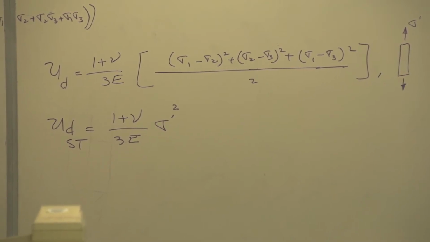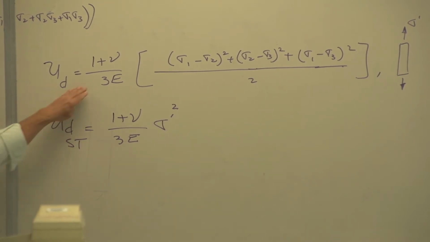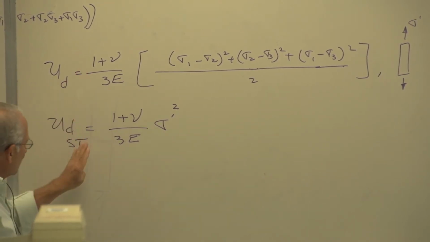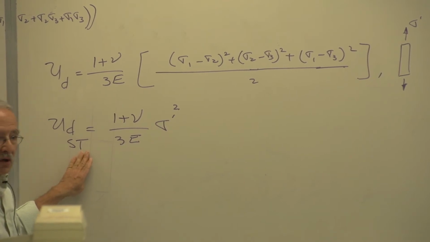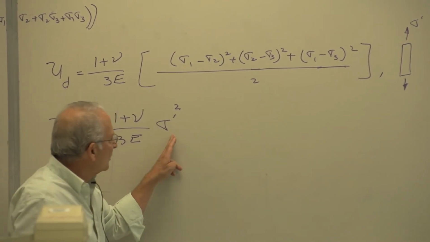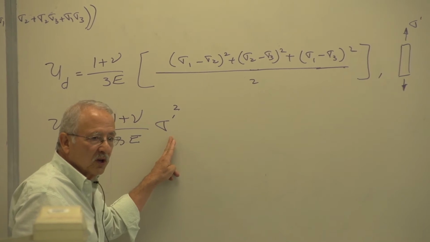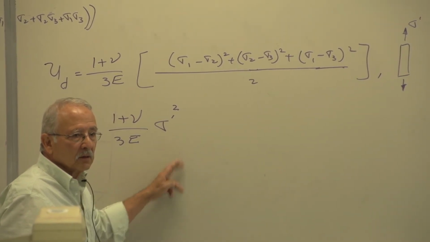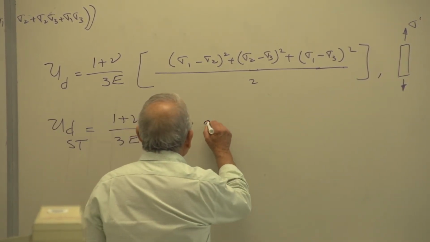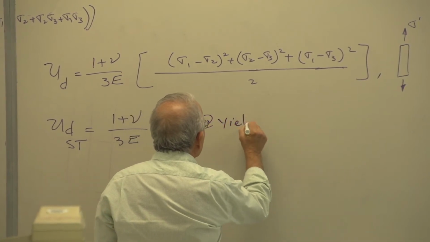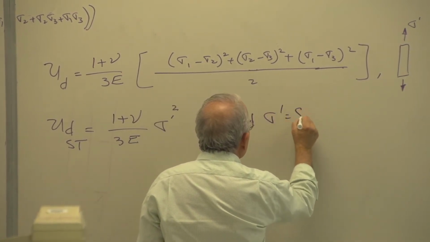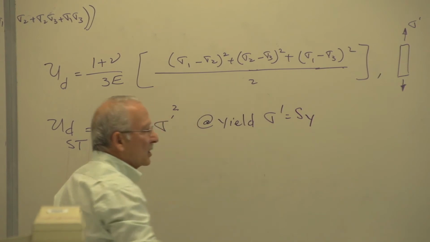So we say yielding will occur when this equals this, when sigma prime is equal to Sy at yield. So we say at yield, sigma prime equals Sy, right? Simple tension test at yield.